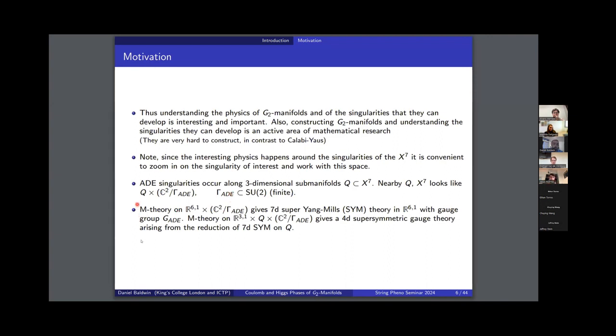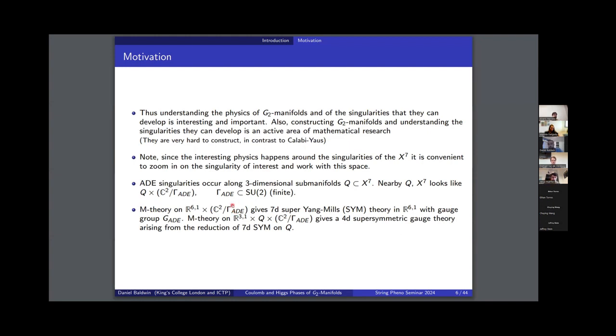So what physics do ADE singularities give us? Well, if we take M theory on seven-dimensional Minkowski space times an ADE singularity, we get seven-dimensional super Yang-Mills in the 7D spacetime with gauge group G_ADE, where G_ADE is the group that corresponds to the finite subgroup of SU2 by the McKay correspondence.